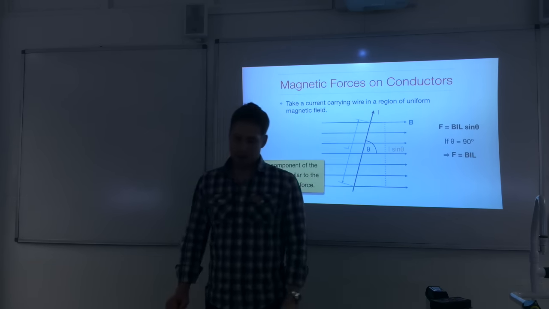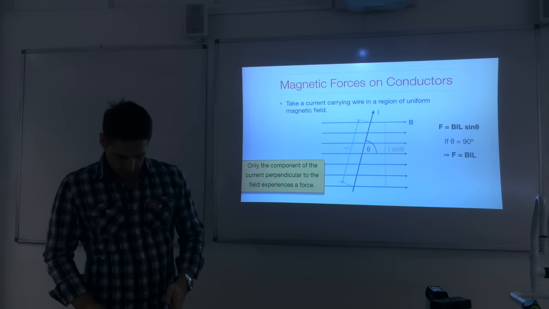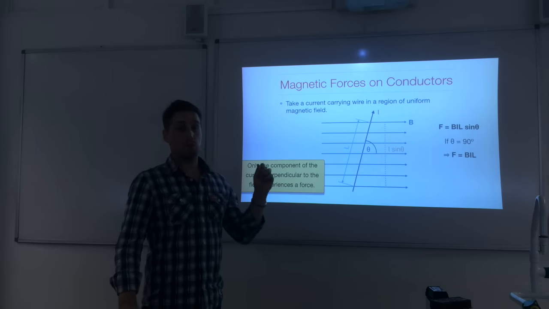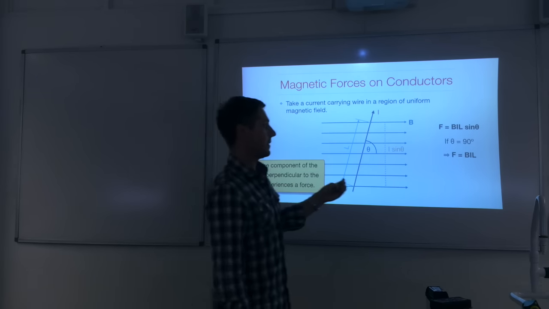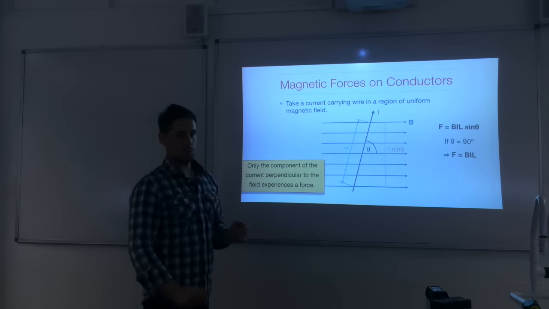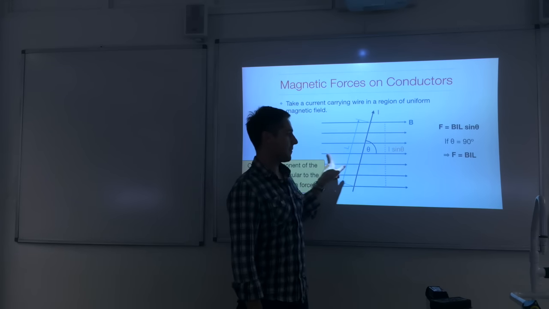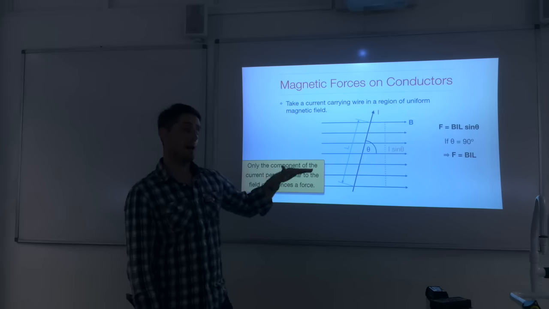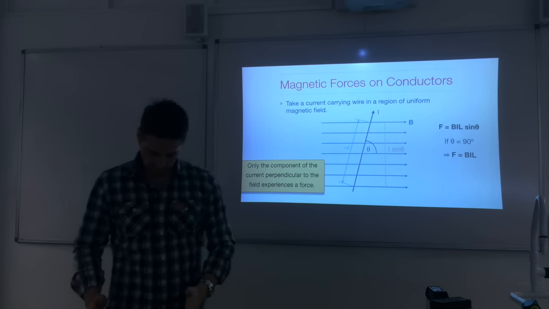Okay? And if theta was 0, then sine of 0 is 0, and therefore the force would be 0. So if I have the current carrying conductor parallel to the field lines, then it won't experience a force.